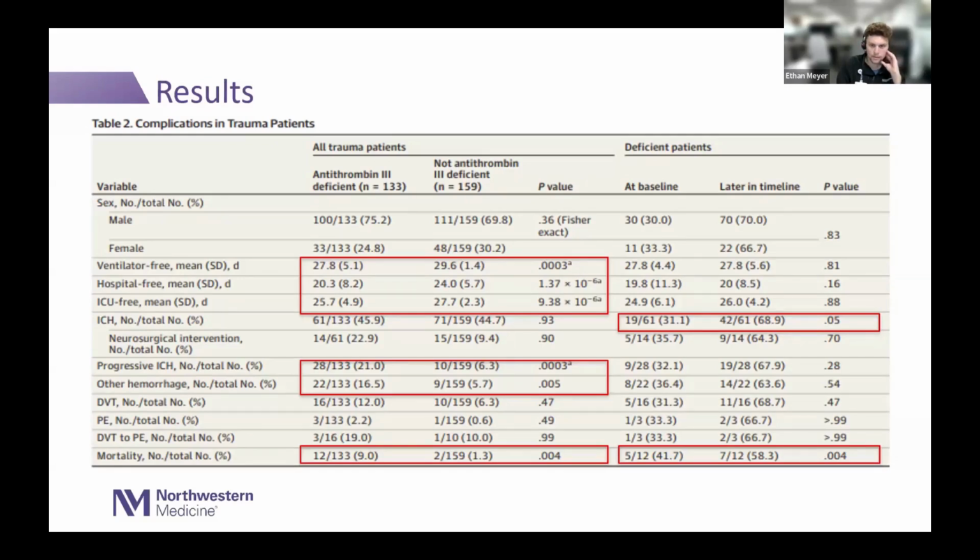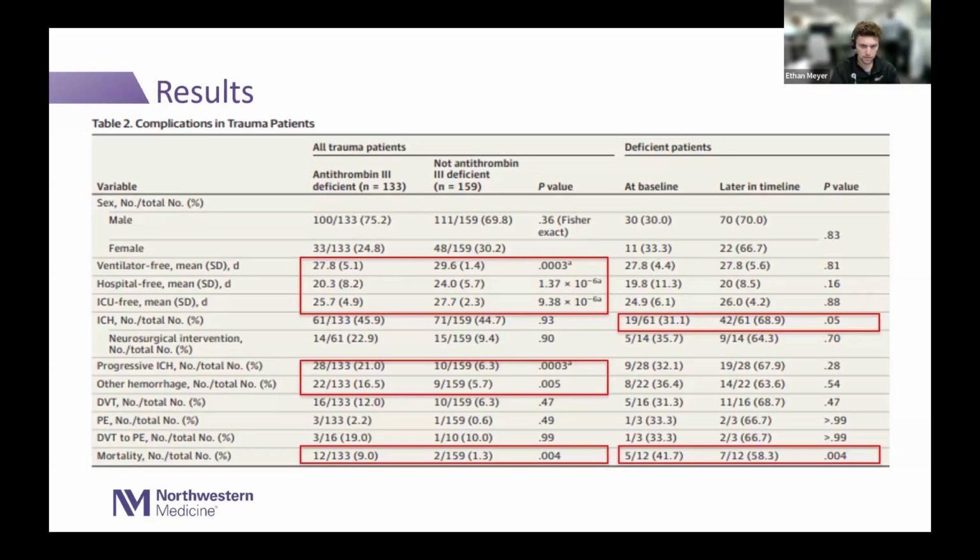And then with intracranial hemorrhage, if you look at the right side of the graphic, so this is looking at the subset of patients who were antithrombin deficient, and those who were not deficient at baseline but progressed to have deficiency later in the timeline were more likely to have ICH. It was more associated with ICH than those who were already deficient at baseline.